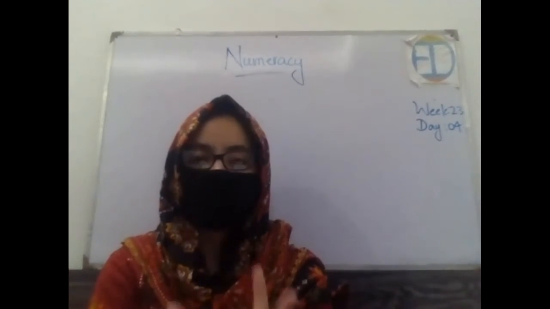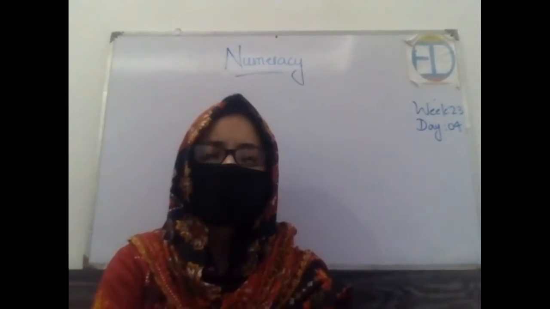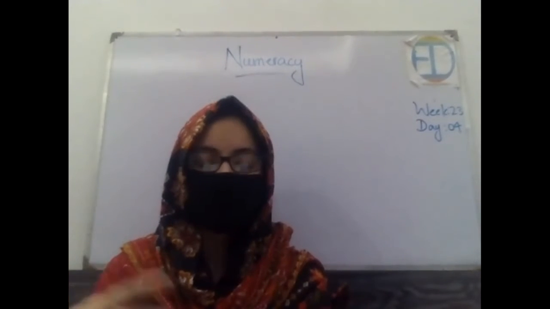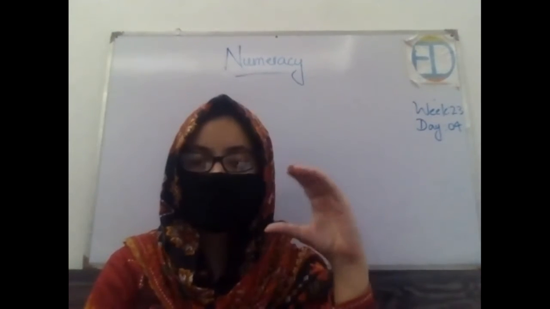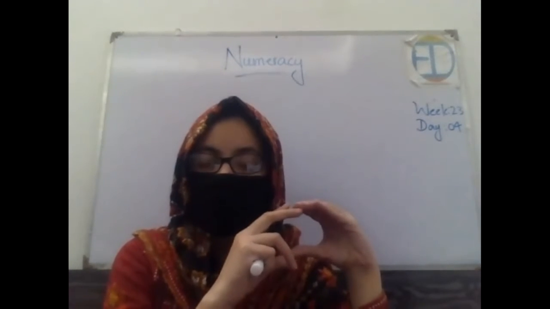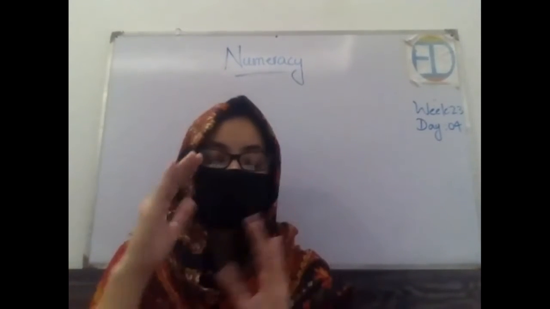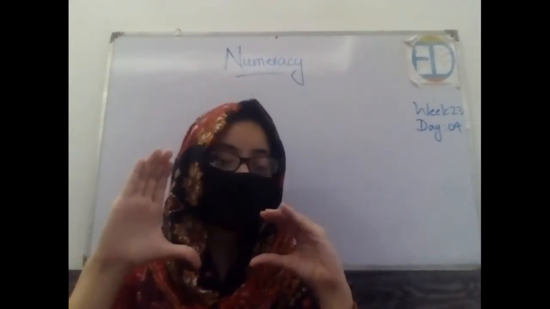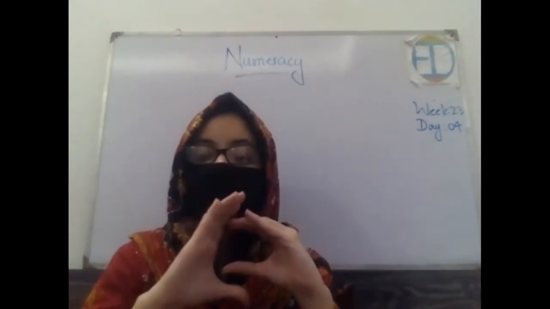Now, when we move forward, we talked about how different objects have different capacities, right? Let's say a cup is small, so it can hold a small amount of liquid in comparison to a glass, which is bigger than the cup. So a glass has more capacity for holding liquid than a cup.